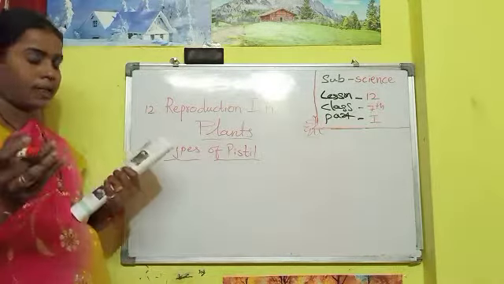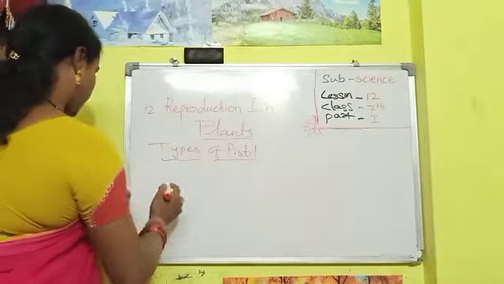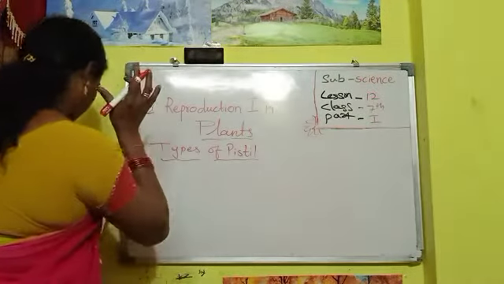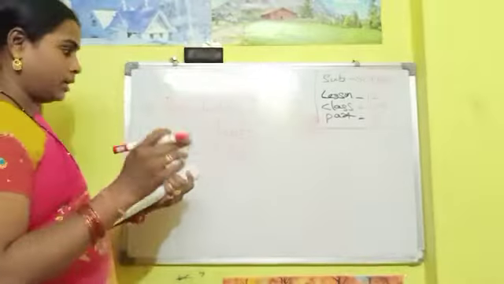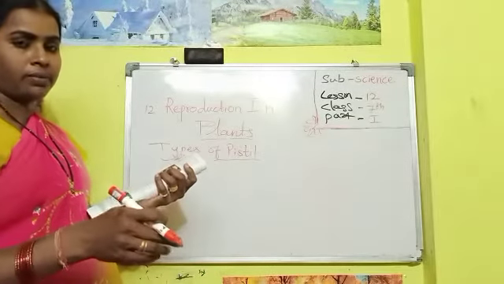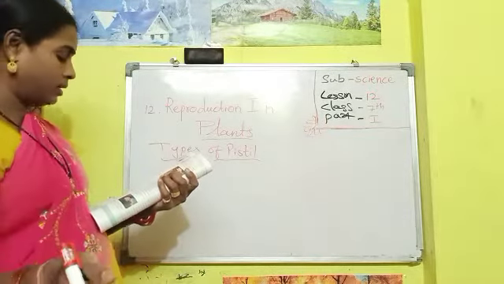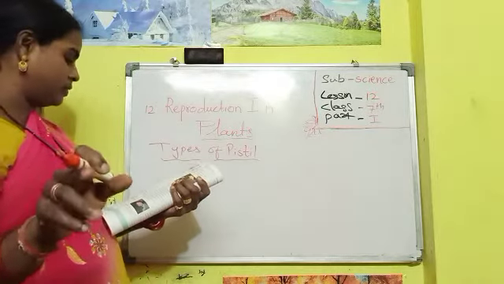This is called the female part of the flower. Draw neatly. It is not clear from the whiteboard, so you can draw from the textbook, page number 114, figure number 4.